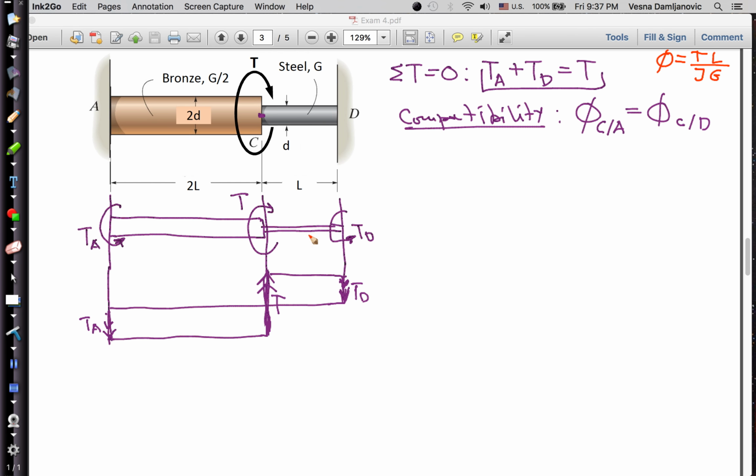And so let's quickly write what the J of this section is and what the J of that section is. The J of this section is equal to pi over 2 times R to the 4th power. And R is D over 2, half of the diameter. So it's just D to the 4th power. J of this section is equal to also pi over 2.